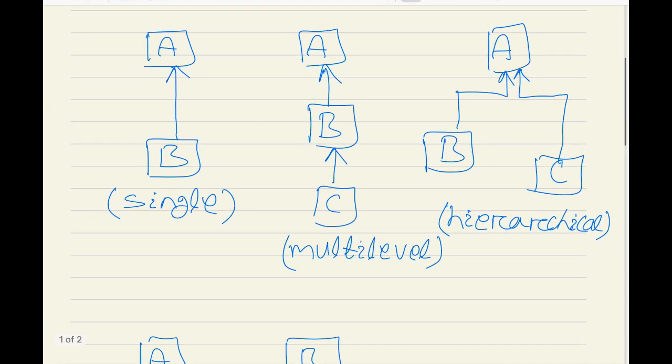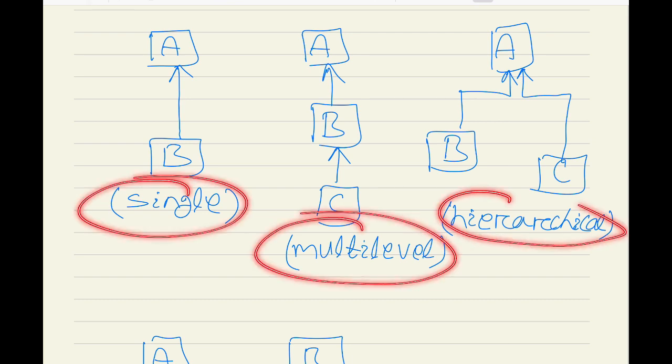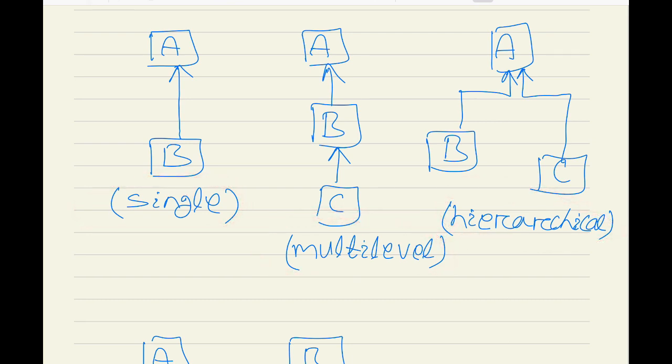Here you can observe single inheritance, multi-level inheritance, hierarchical inheritance. For each derived class there is only one parent class.